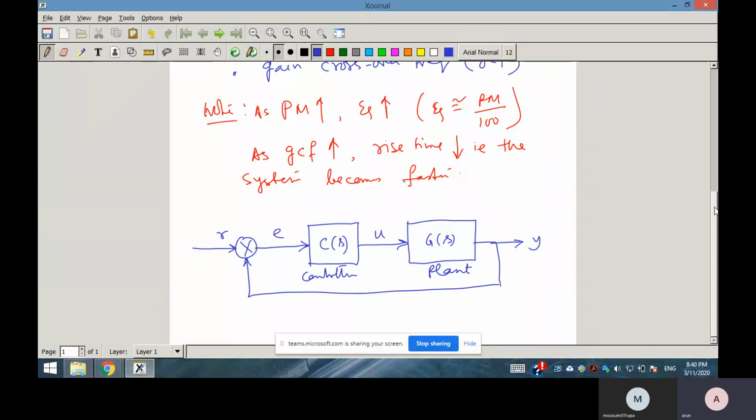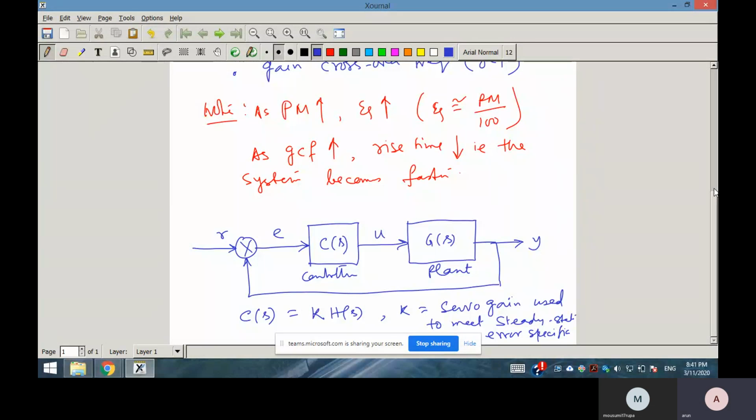So in this Bode plot based design, C(s) we will assume consisting of two parts. C(s) will be assumed as K into H(s). So K is your servo gain. So K can be considered as a servo gain. This is used to meet the steady state error specification.